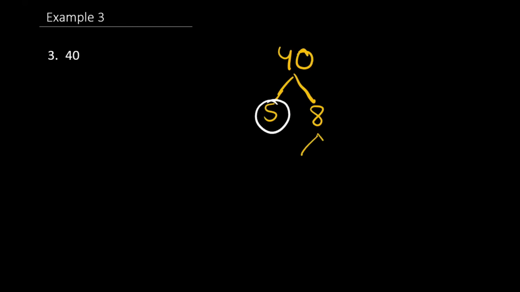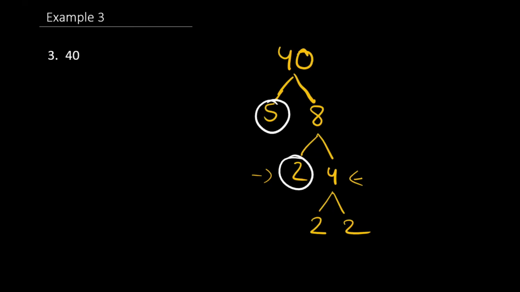8 can be broken down into 2 times 4. And then 2 is a prime number. We keep doing it until we can't break it down anymore, or until we end up with all prime numbers. So there should be prime numbers over here and here. In this case, we don't have two prime numbers over here, so we're gonna break 4 down into 2 and then 2.